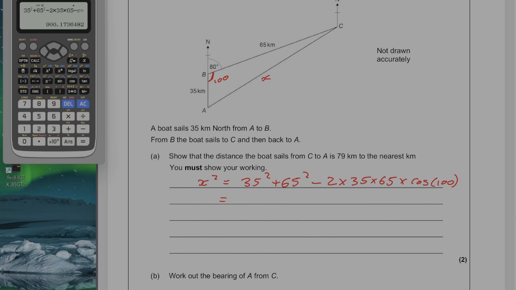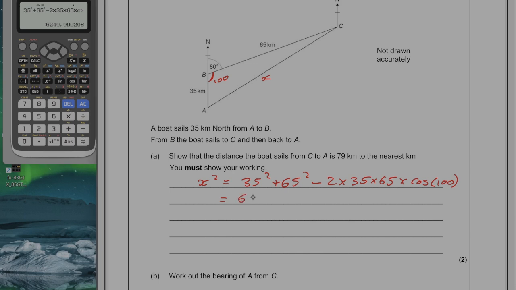Right, so that gives us 900. That doesn't look right. Let's just check that I've typed everything in right. There, I've made a mistake. So that should be not minus cos, that should be times cos. There we go, that's more like it. So 6,240.099, no rounding shown.